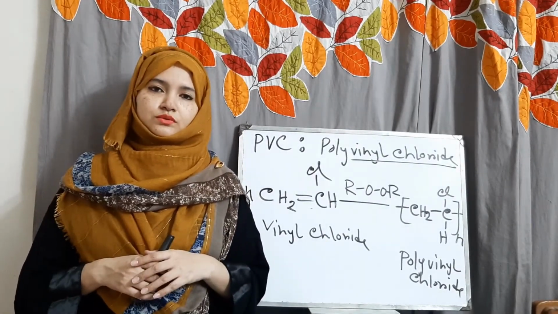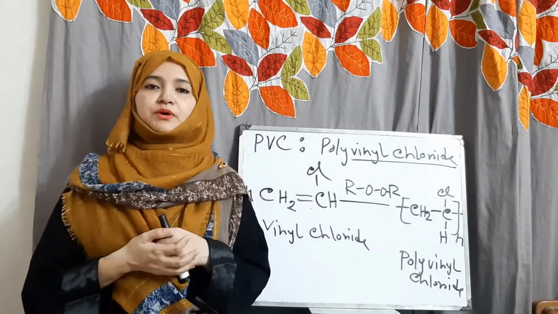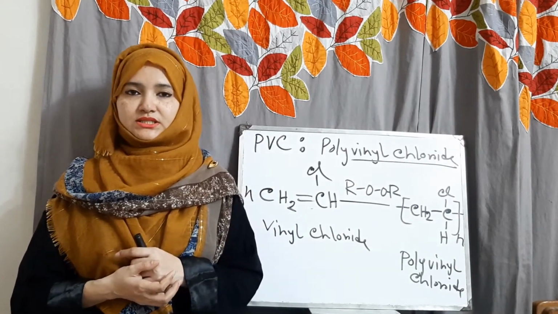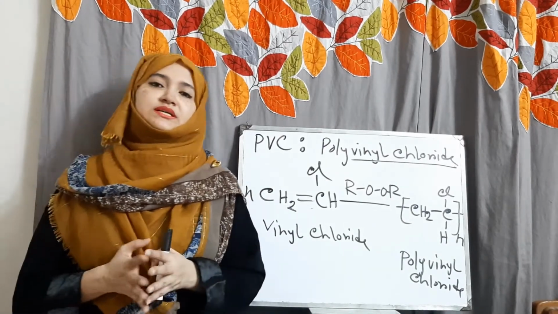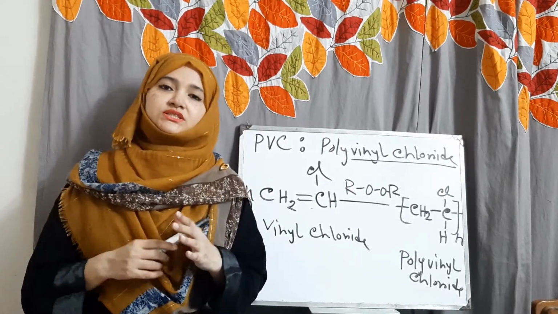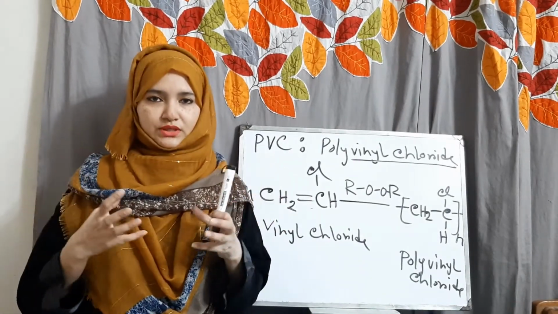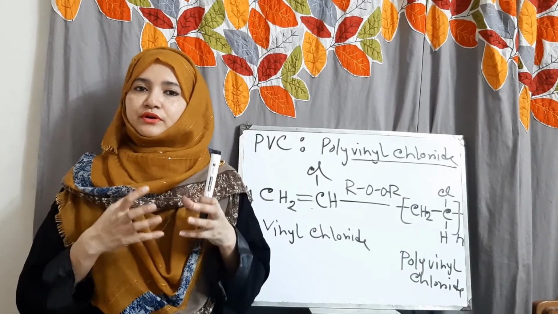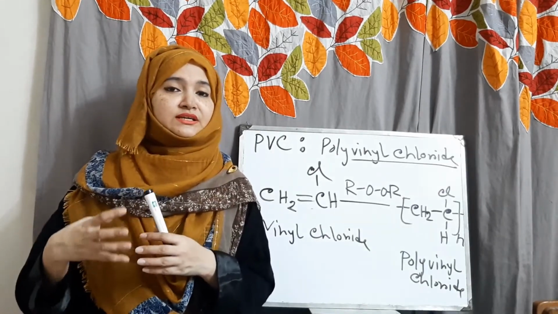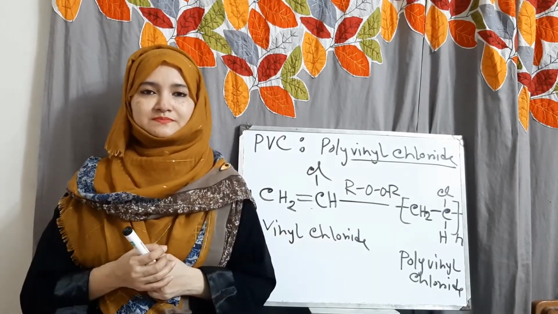Okay, I think the addition polymerization is completely clear to you. Now we have to discuss another type of polymerization, which is condensation polymerization. Condensation polymerization is the polymerization in which the monomer molecules join together and form a large molecule by eliminating a simple molecule from it.